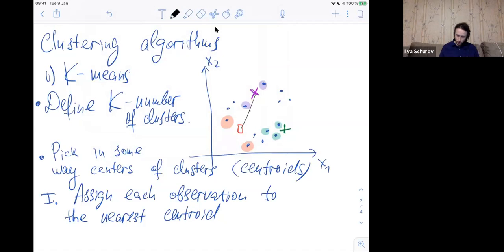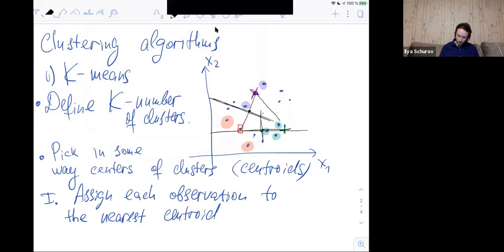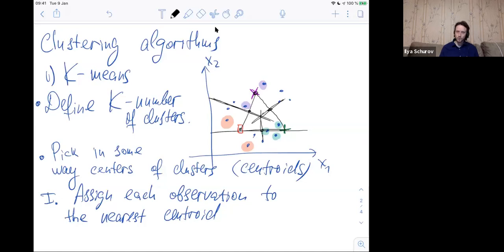To test which observations will be assigned to which centroid, we can draw these perpendicular lines. I just consider a segment that connects two centroids, and I draw some perpendicular lines. And these perpendicular lines will show me some regions into which the centroids split the space.